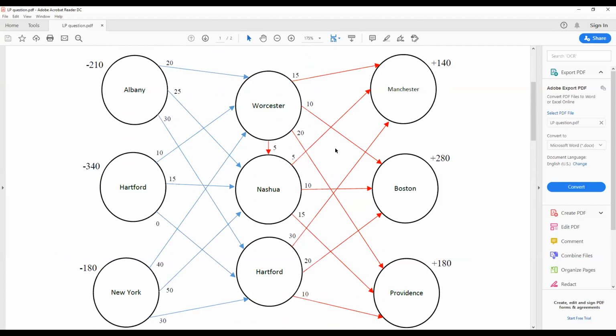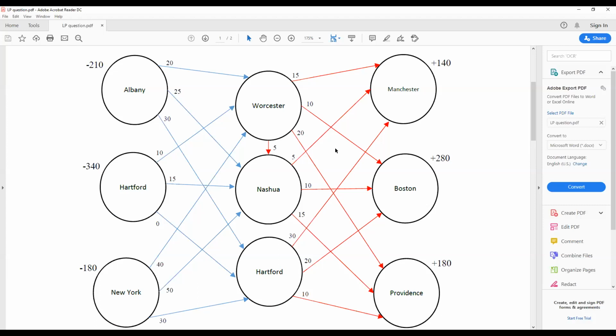For example, talking about the binding constraint, or talking about the final answer. So what happens if you add 100 to the capacity of Hartford, how does it change your final answer, or if you add 100 to the capacity of Nassau, what happens to the final answer?